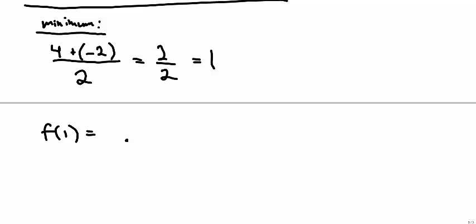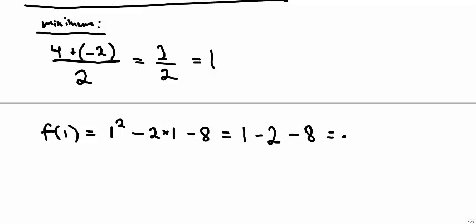Remember, the function is x squared, so it's going to be 1 squared minus 2 times x, which is 1, minus 8. Let's simplify a little bit. 1 squared is equal to 1, minus 2 times 1 is equal to minus 2, minus 8. So 1 minus 2 is minus 1, minus 8 is equal to minus 9.